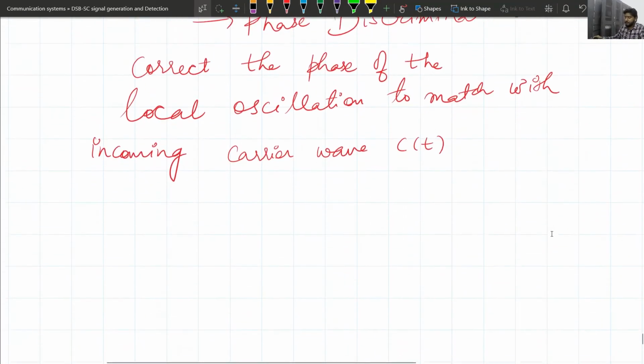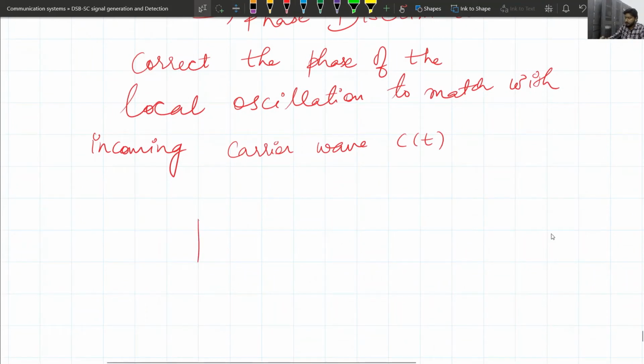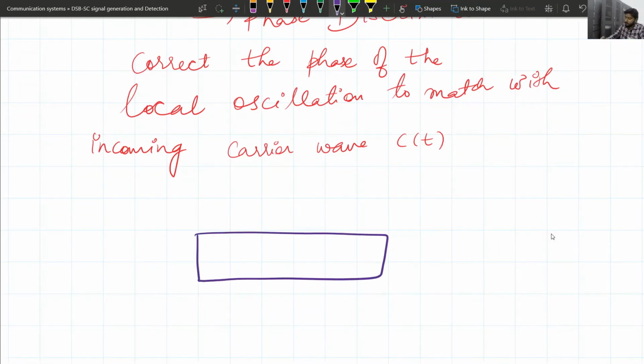So what is happening? Let me redraw it. This is the phase discriminator.